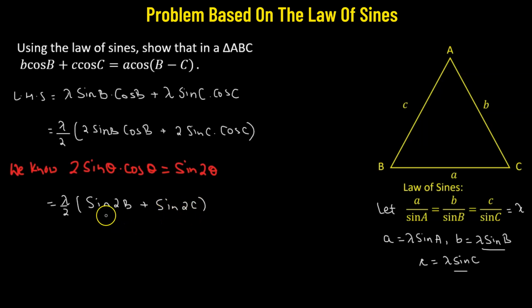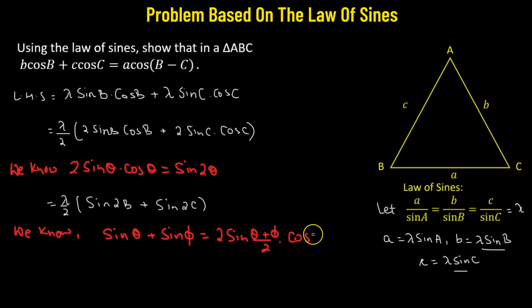Fine. Now we have the sum of two trigonometric functions. We're going to use the fact that when we have sine theta added to sine phi, this sum is equal to 2 times sine of (theta plus phi) over 2 multiplied by cosine of (theta minus phi) over 2. So let's use this formula.